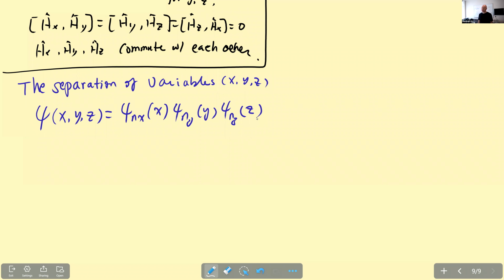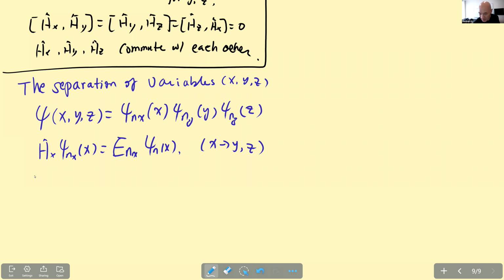So these are the 3 parts. And then obviously if I choose h_x ψ_nx equals E_nx ψ_nx, and the same for y and z, right?